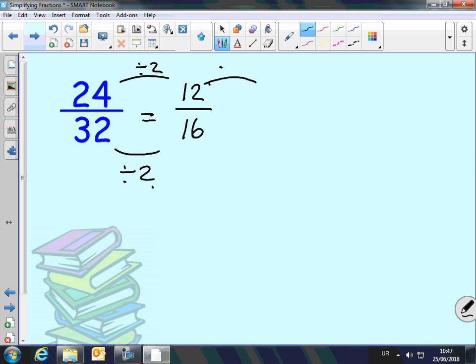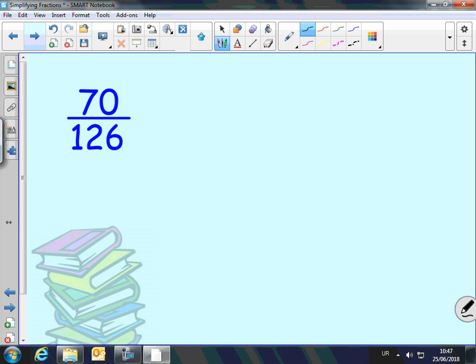It is 4. So 12 divided by 4 is 3, and 16 divided by 4 is 4. So in its simplest form, 24 over 32 is 3/4. Now you could have just divided 24 and 32 by 8, which would have taken you straight to your final answer of 3/4.